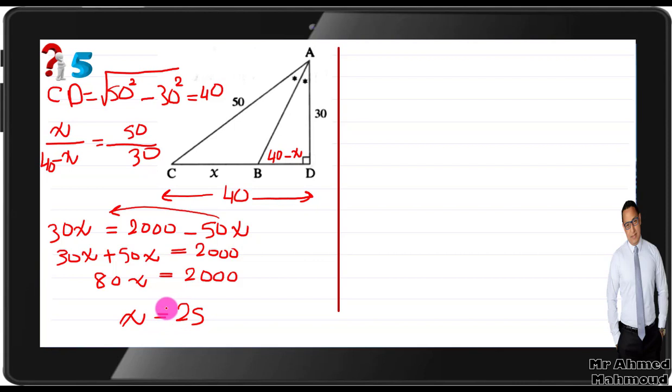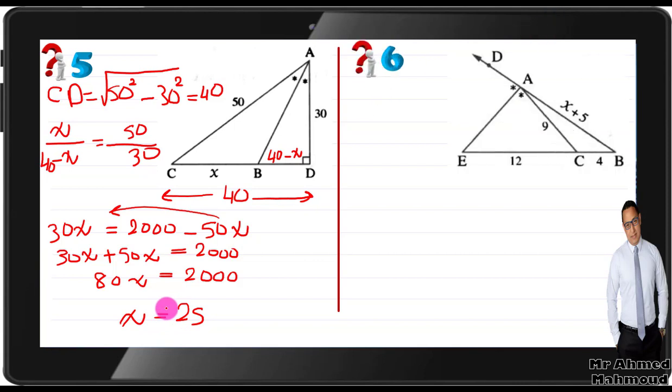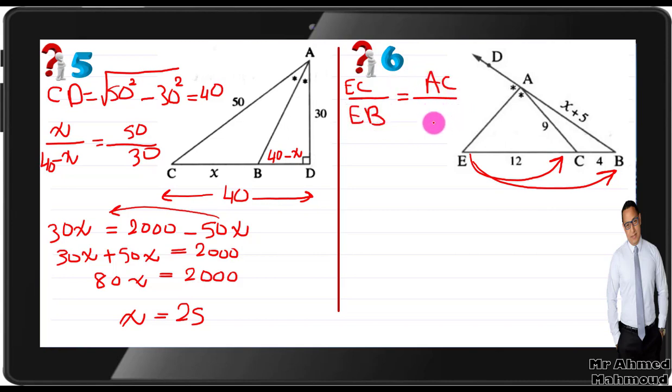Now number 6. Here E is a point of division, so EC over EB equals AC over AB. Again, EC over EB equals AC over AB.